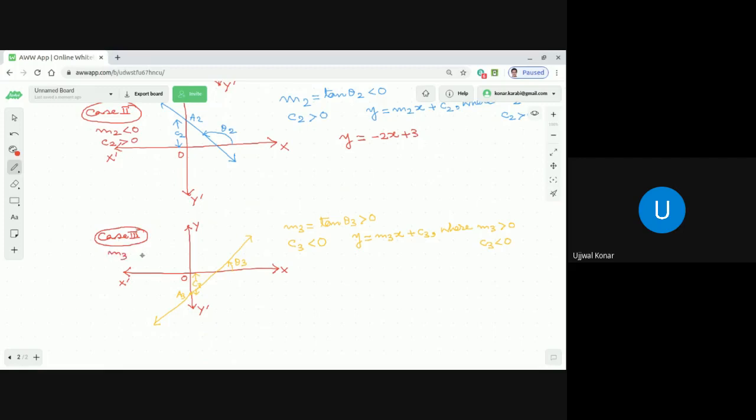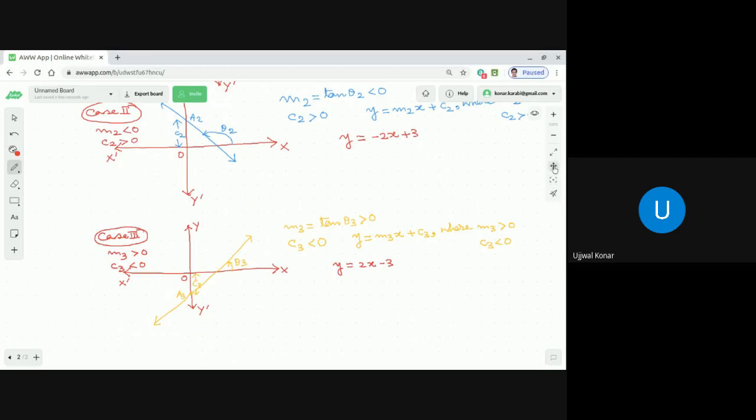One such example is y is equal to 2x minus 3. When you get an equation like y equal to 2x minus 3 or y equal to 4x minus 5 or y equal to x minus 7, you can always visualize the straight line I drew in yellow color, it will be like this.